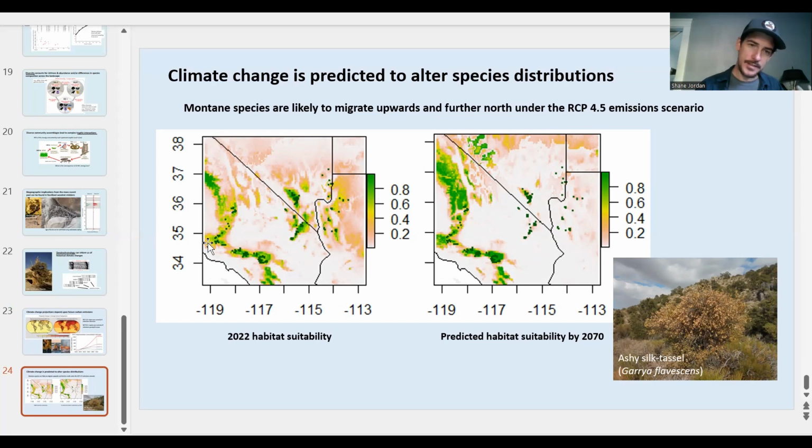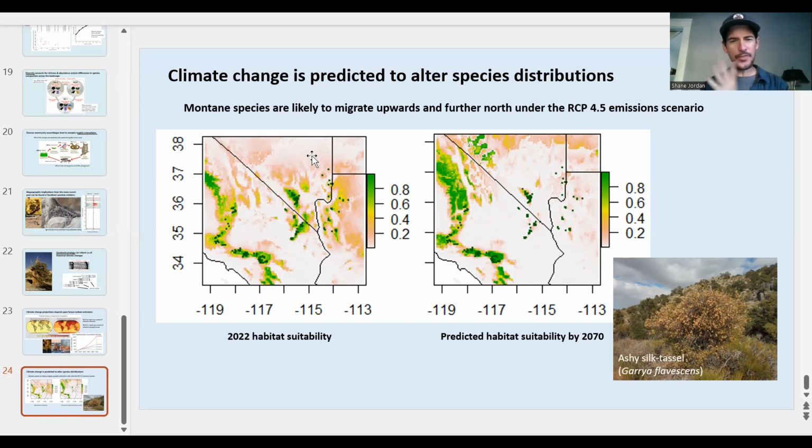And so we can see the different montane environments where ashy silk tassel has suitable habitat, at least during 2022, which is probably not much different than it is now. And it seems to be doing okay. And there are areas of suitable habitat beyond the range where it occurs, where it could potentially disperse into.